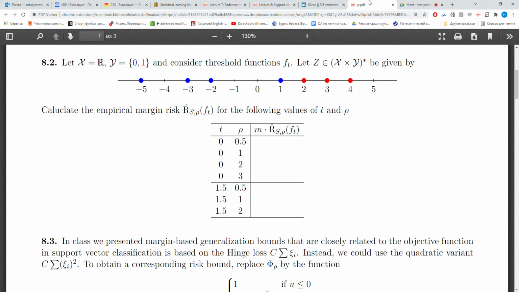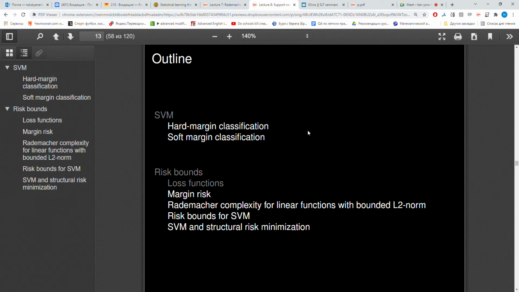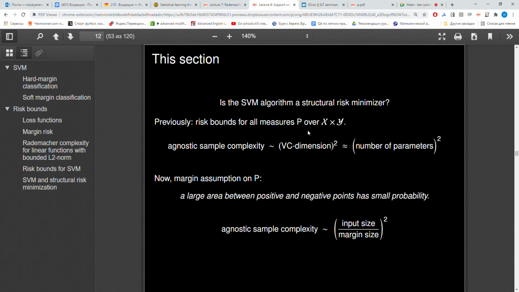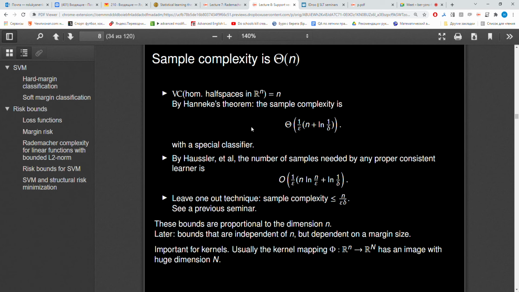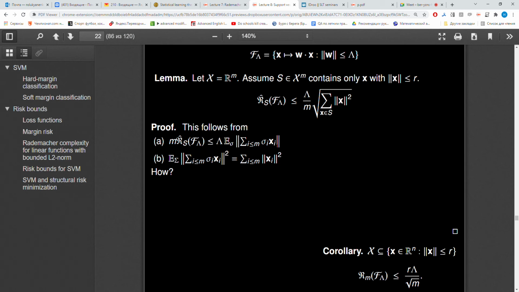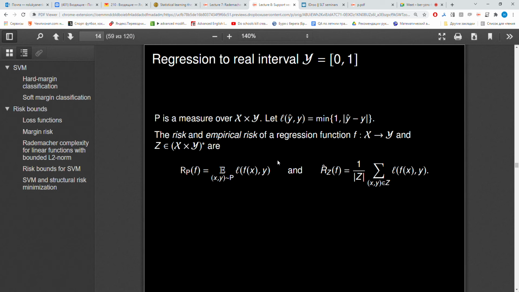Okay, let's revise the definition of empirical risk. Where is it? I always lose its definition. Where was it? Ah, okay, at the beginning of the loss function topic. We have the value of the empirical risk of a regression function.